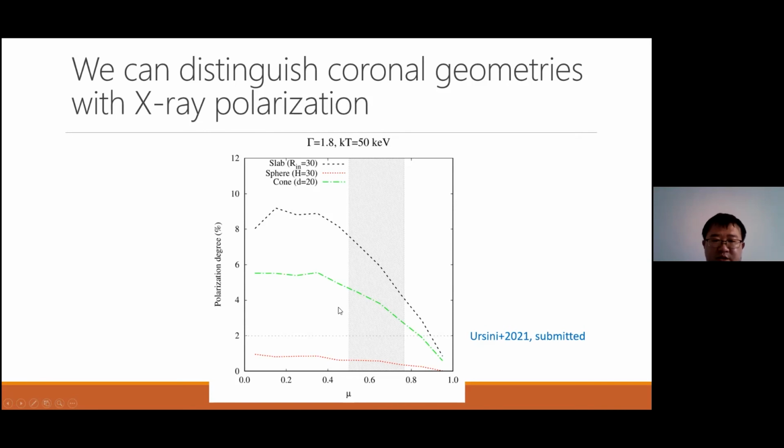The shaded area is the measured inclination of the source, and the gray dashed line here is the sensitivity of IXPE. So you can see clearly that in this inclination angle range, IXPE will be able to tell the geometry of the corona.